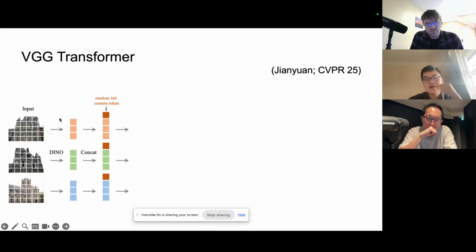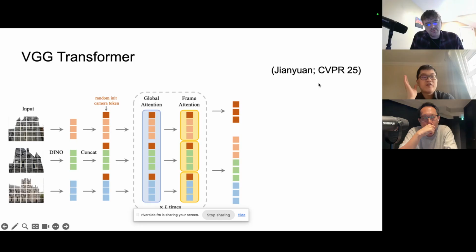Then we add a randomly initialized camera token to the image tokens. This camera token was designed to aggregate the information for camera parameter estimation. It is randomly initialized as a learnable component of the network, so it is not specific to the sequences or the input frames. It is just something like the class token in Dino.